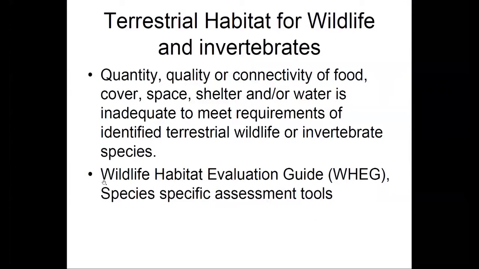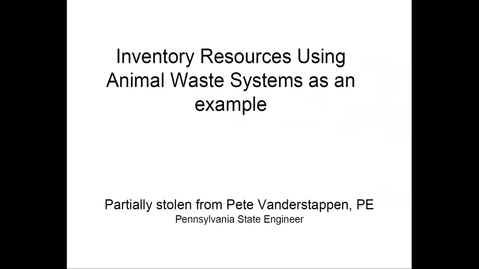What you have as tools to help you with that is your Wildlife Habitat Evaluation Guides, known as a WEG. And some states have species-specific assessment tools. It could be an NRCS-specific tool, or it could be a state wildlife agency tool.